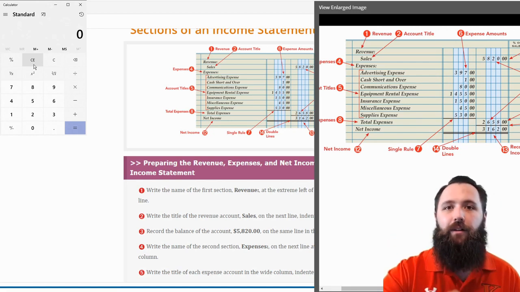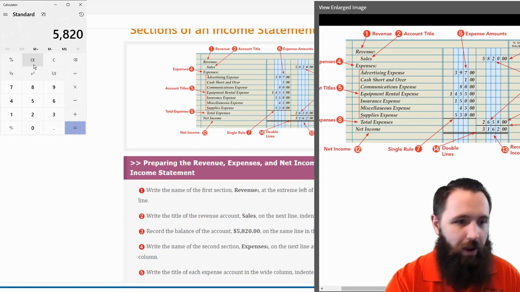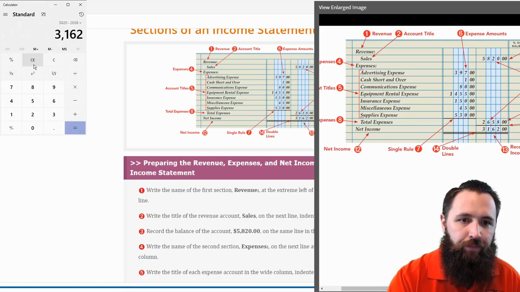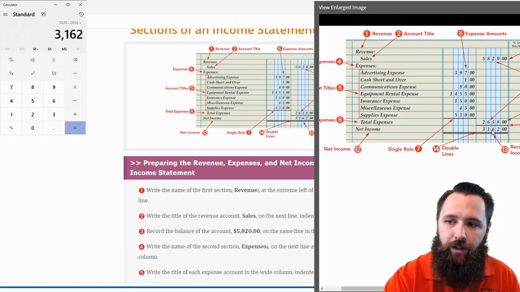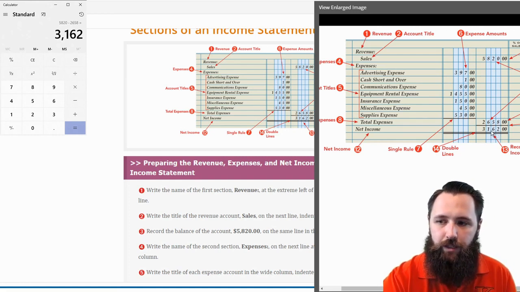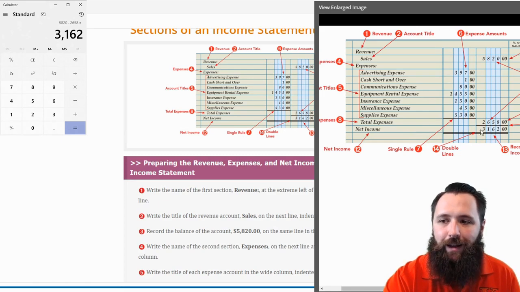I know automatically that I'm going to have a net income instead of a net loss. But let's just calculate this. 5,820 minus 2,658. You can see that our net income is just calculated by finding the difference. So it's going to be 3,162. You can see that they drew another single line here showing that we're going to calculate out our net income. The net income also gets calculated over on the right-hand line, or the second column as well.